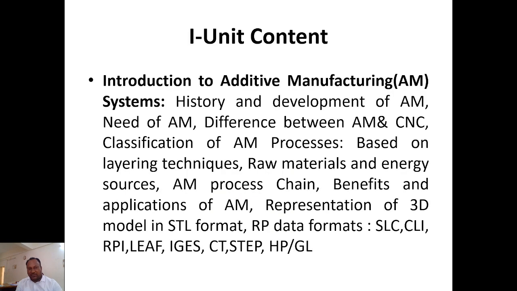In this topic we will cover the system history and development, why we require it, the difference between additive manufacturing and CNC, the classification of additive manufacturing processes, raw material based processes, benefits and applications. In order to make this, we need some software, that is the rapid prototyping data formats, which we will see one by one.